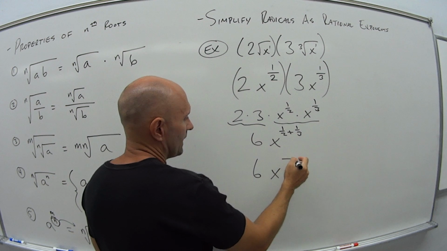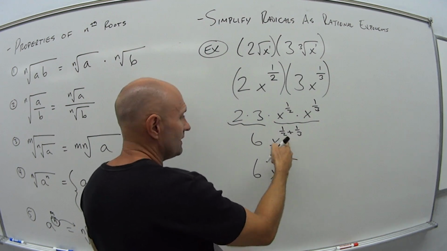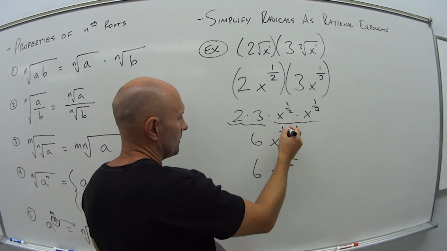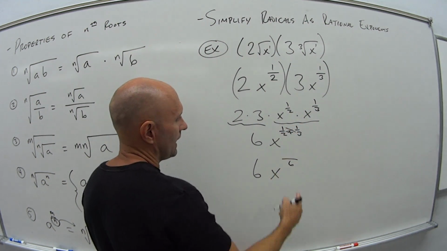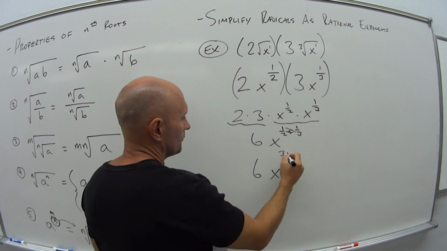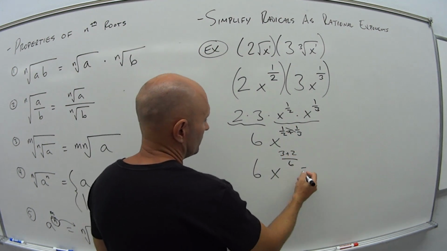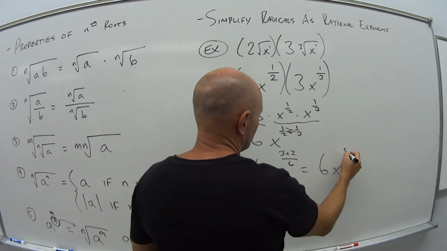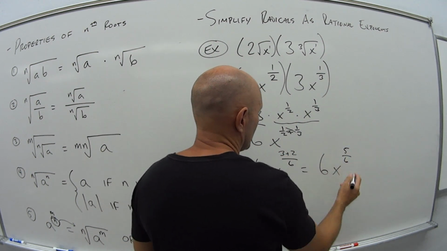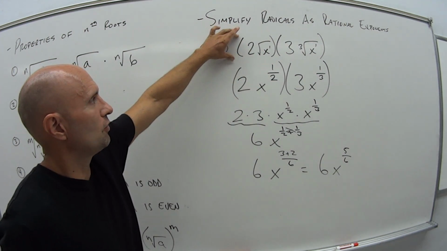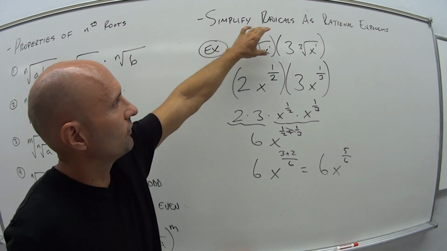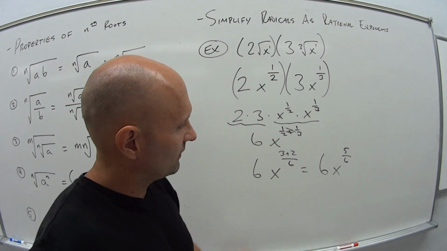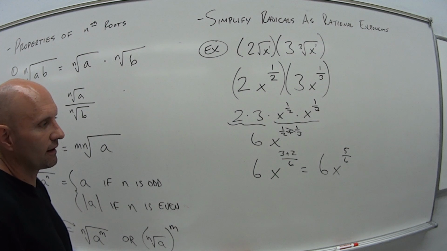Well, the final denominator will just be these multiplied together. So 2 times 3 is 6. And then remember, I'm crossing this way and adding. So 3 plus 2, which is 5, over 6 in the denominator. So my original one, 2 times the square root of x times 3 times the cube root of x, is the same as 6 times x to the 5/6.